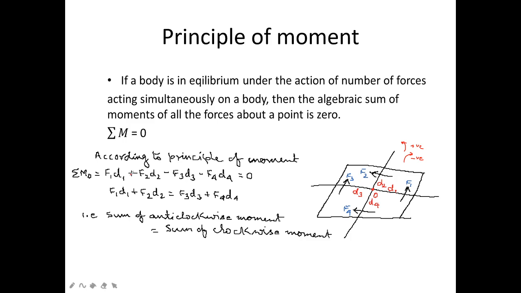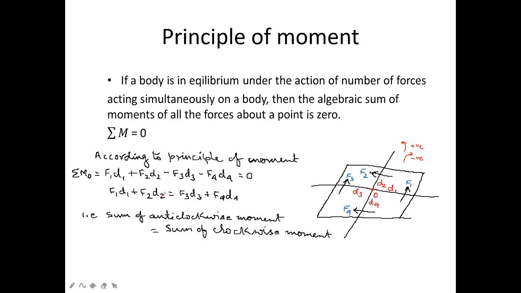Because in an algebraic sum you will get plus sign as well as negative sign. So the moment of all these forces about point O, summation of MO, is equal to F1 d1 plus F2 d2 minus F3 d3 minus F4 d4, and according to the principle of moments they should be equal to 0. From this we get F1 d1 plus F2 d2 is equal to F3 d3 plus F4 d4.